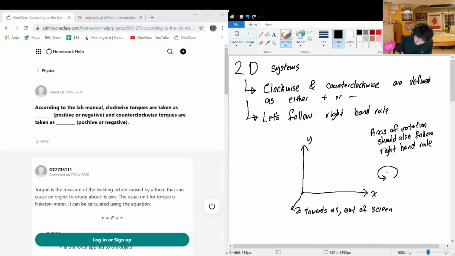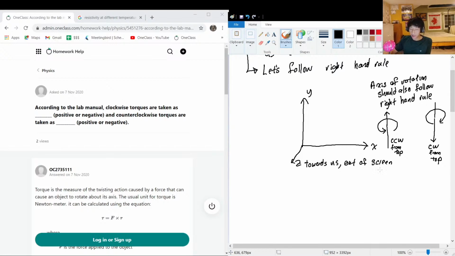Our axis of rotation is going to go up. Hopefully there's no ambiguity on where that is. So this would be counterclockwise from the top. And if we were going the other direction, our axis of rotation would be down. So clockwise from top.